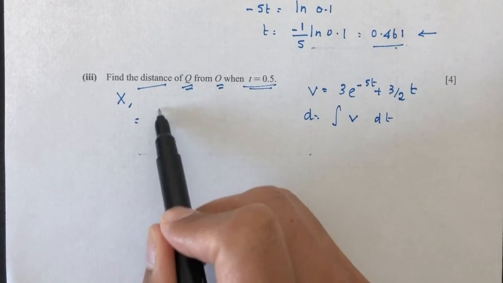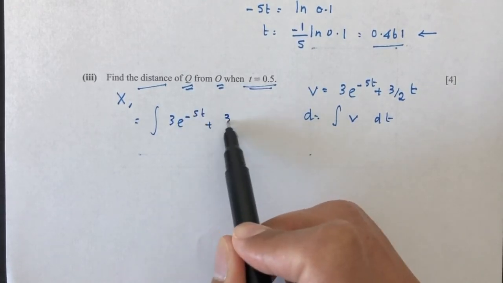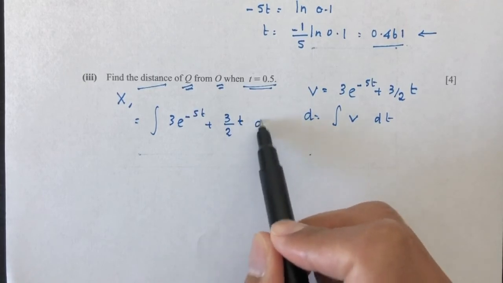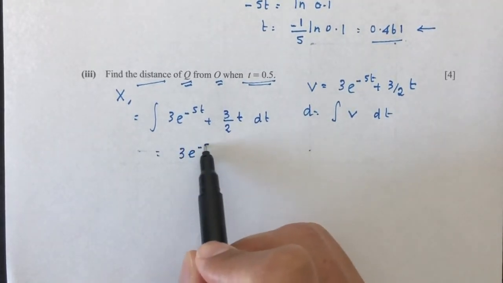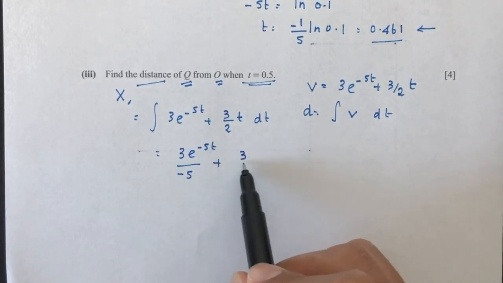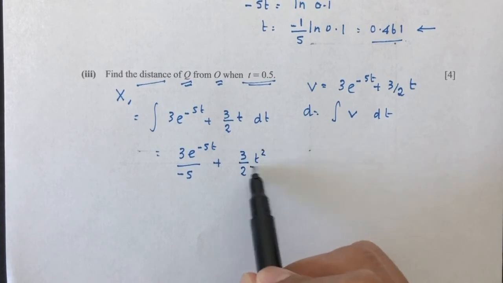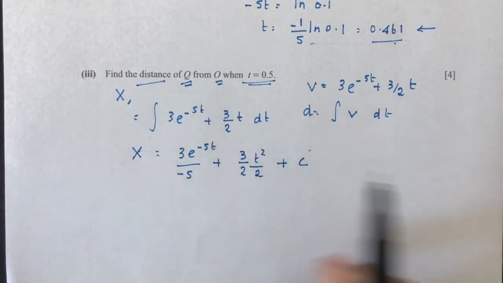So let's do that. V is 3e^(-5t) plus 3 over 2 t, dt. That will be 3e^(-5t) divided by -5 plus 3 over 2 t squared divided by 2 plus c. That will be x.